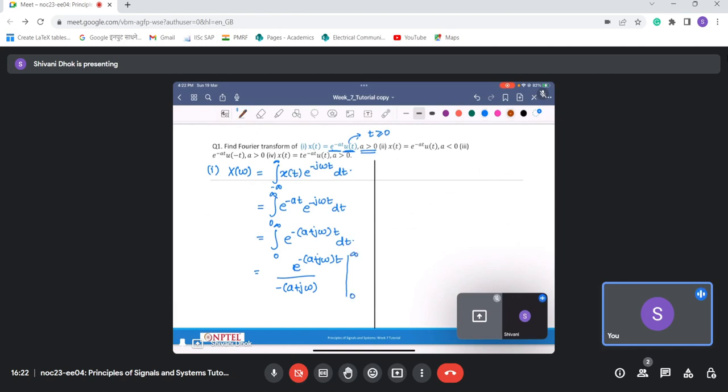Now this exponent will tend to 0 when t tends to infinity only when a is greater than 0, and we have been given that condition here.